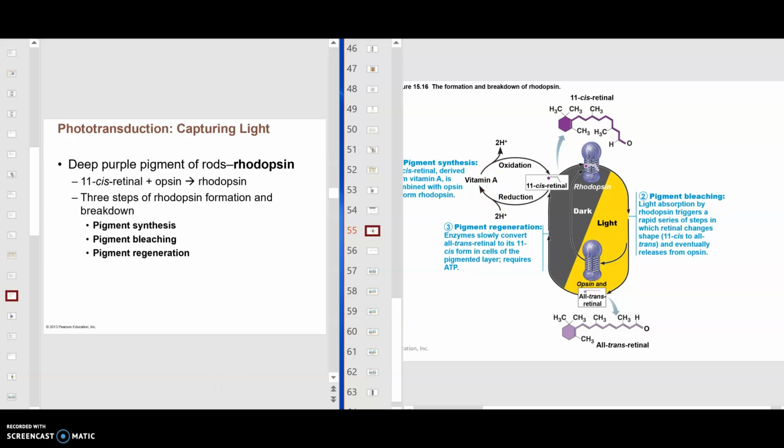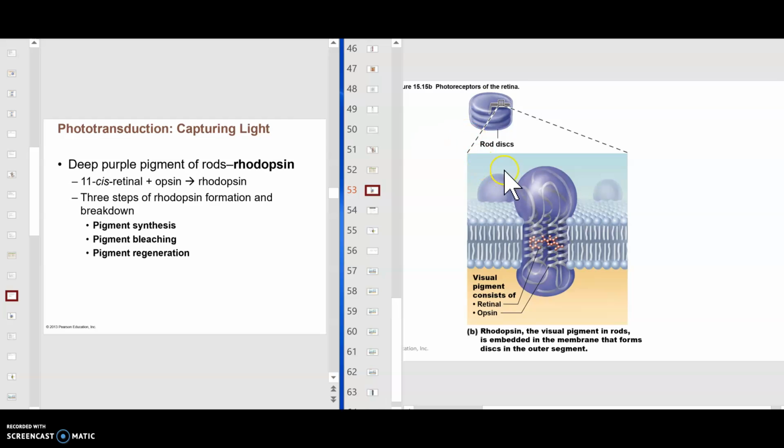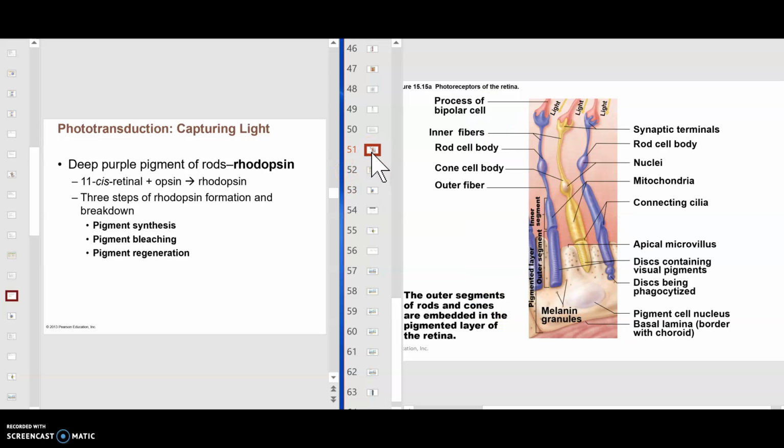Okay. I wanted to go back one more time to the disc that are present in the rod. What happens in the rod, unlike the cone, is that you have membrane-containing disc, surrounding disc, and here's the membrane of the cell itself. Now let's go here if I can pull this up.